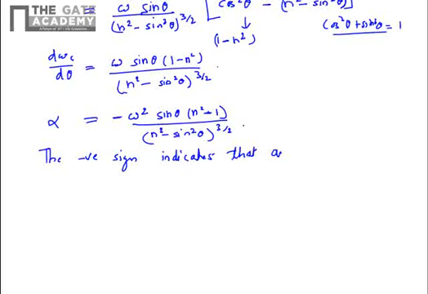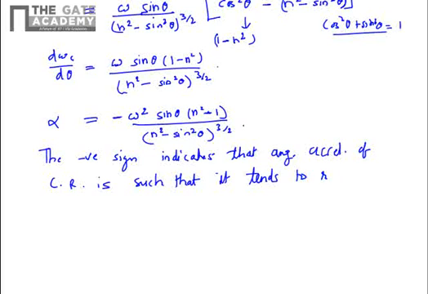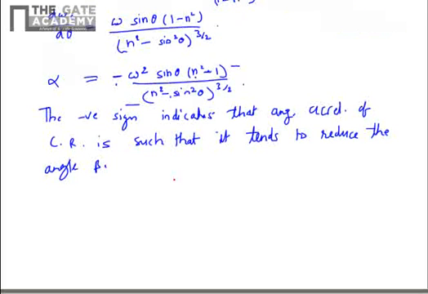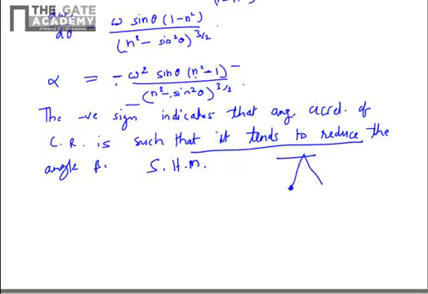So the negative sign we have taken out to indicate that the angular acceleration of connecting rod is such that it tends to reduce the angle beta. The behavior that the acceleration tends to reduce the angle beta is something similar to the simple harmonic motion of a pendulum, as you can recall.